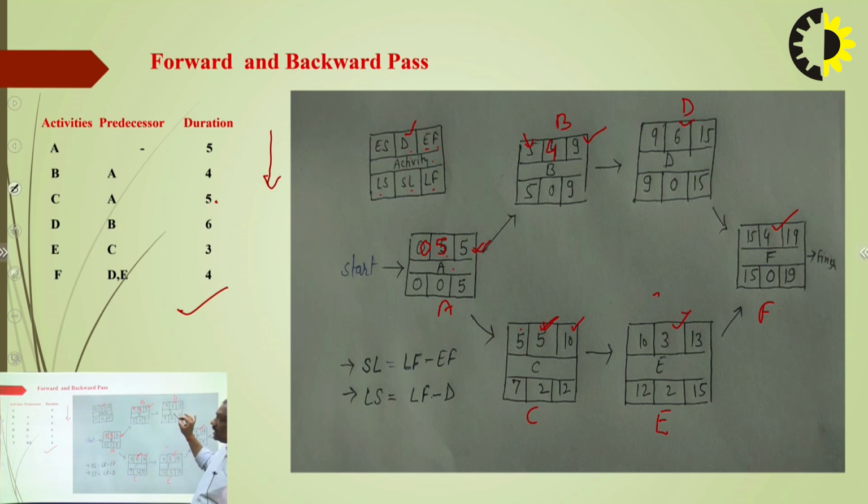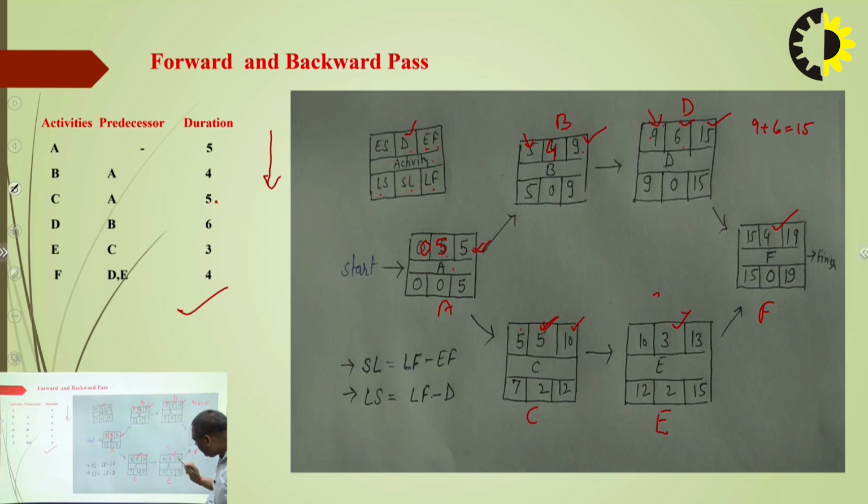We conclude in a similar manner for D, E and F. For D, the earliest start is 9, because the earliest finish of B is 9. The duration of D activity is 6, then 9 plus 6 equals 15. The earliest finish value of D activity is 15.